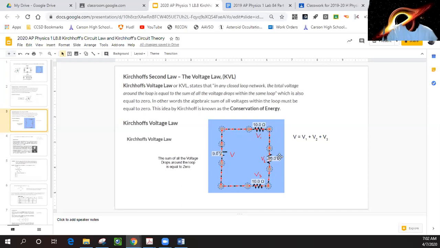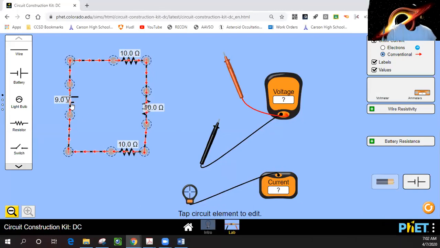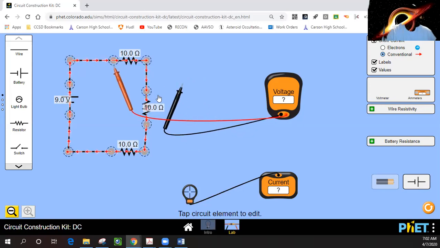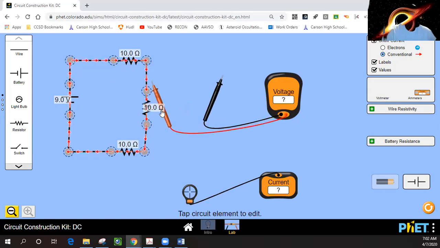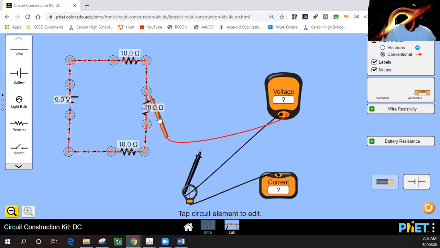Now, each of these has a voltage. Let's see how we might illustrate this. So here's a 9-volt battery. We see conventional current flow is going like this. This is a closed loop here. Let's measure the voltage here. The voltage here is 3 volts. The voltage here is also 3 volts.